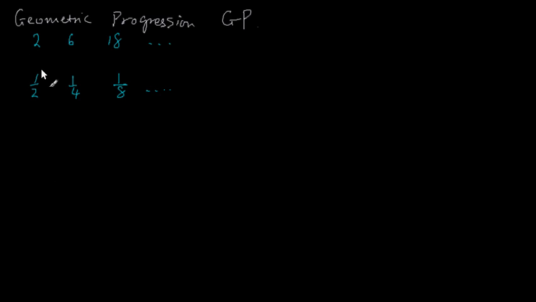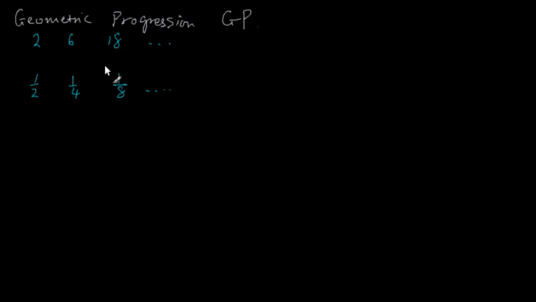What I want to do in this video is to find some formulae for this, like I did for AP. I'd like to find a formula for, say, the rth term, and a formula for the sum to n terms.